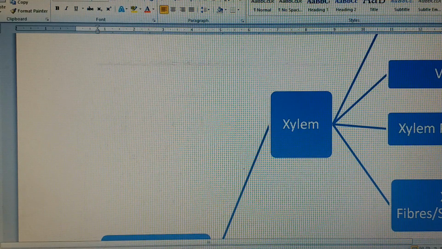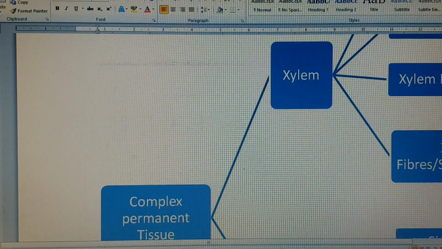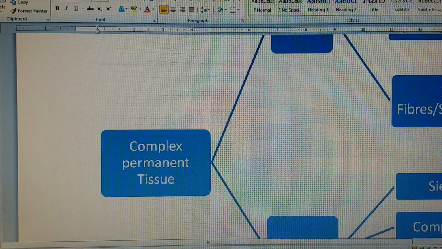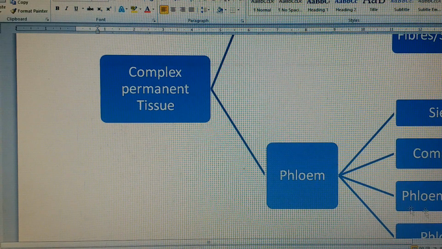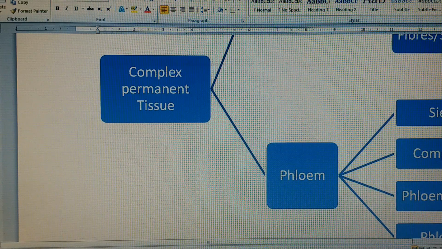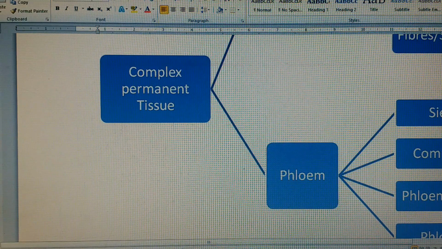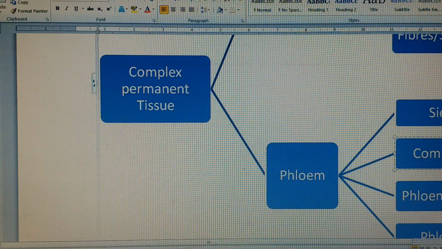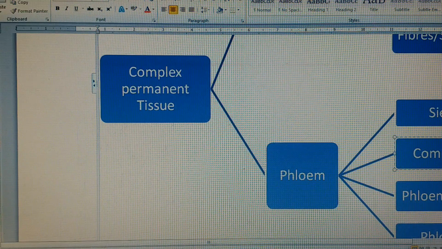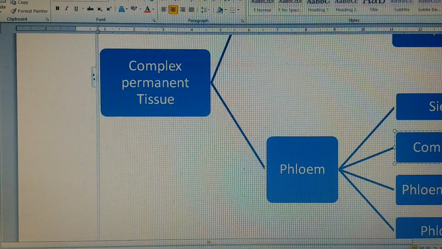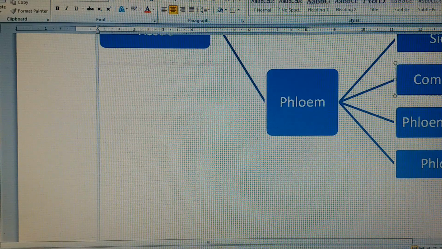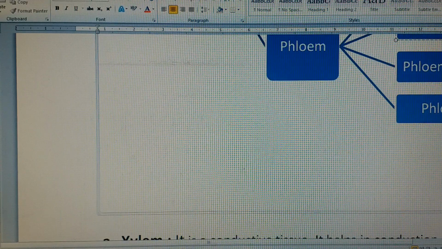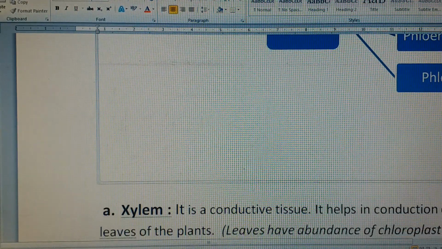The next complex tissue is phloem, and phloem has the cells: first, sieve tubes, second, companion cells, phloem parenchyma, and the next one is phloem fibers. So these are the various types of cells present in xylem as well as in phloem.